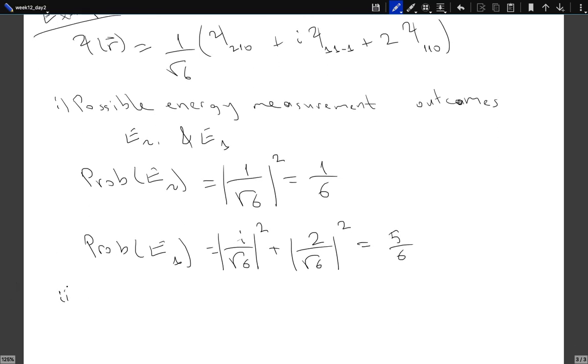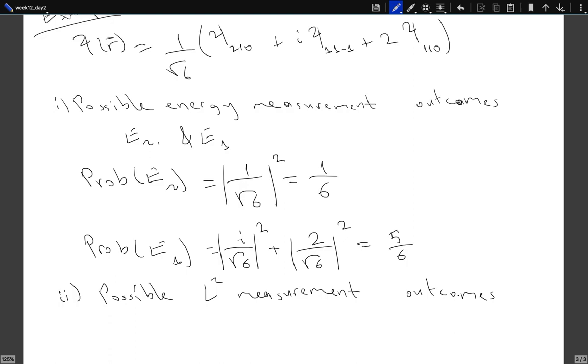Now let's see. What are the possible L-squared measurement outcomes? If I measure the total angular momentum, what will I measure for that electron? Well, let's see.